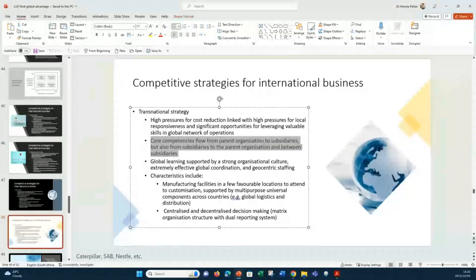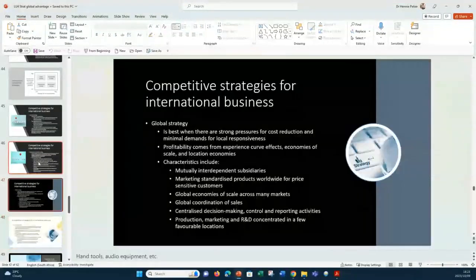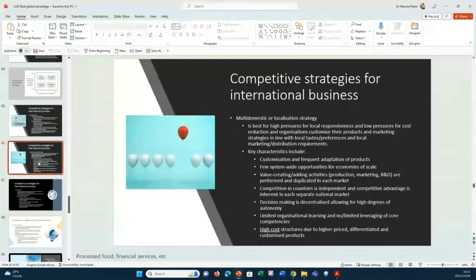Let's have a look at multi-domestic. Well, you can argue that. I can see how you can argue that, as long as you can argue properly that there are no real pressures to keep the costs low. Yeah, you can go multi-domestic.